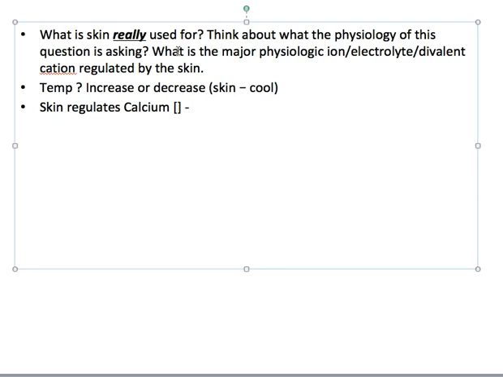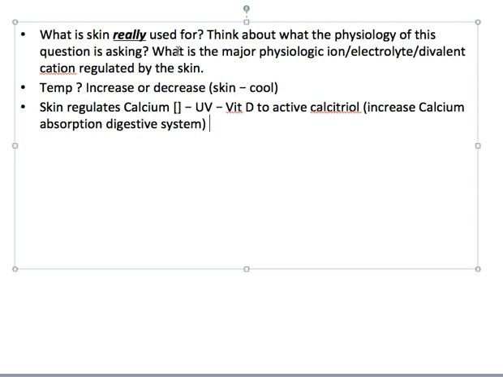Just realize that we use UV radiation to convert vitamin D to its active form, which is called calcitriol, okay, and that's going to increase calcium absorption from the digestive system.